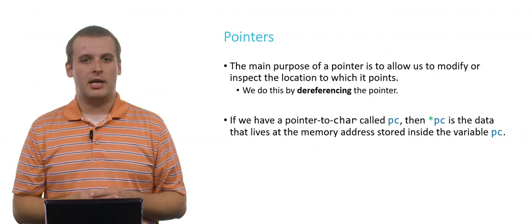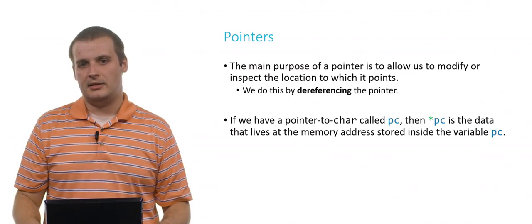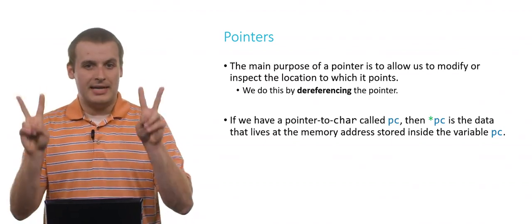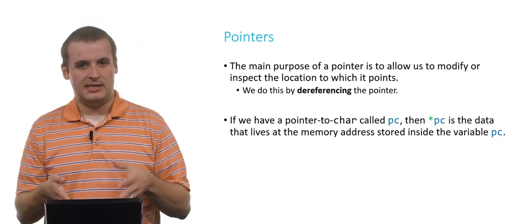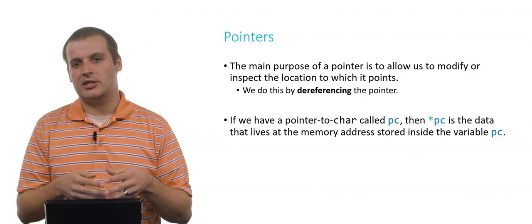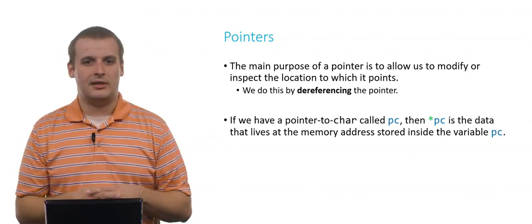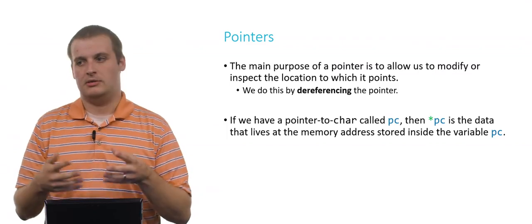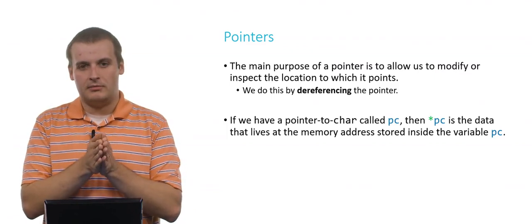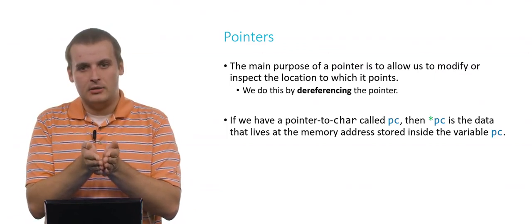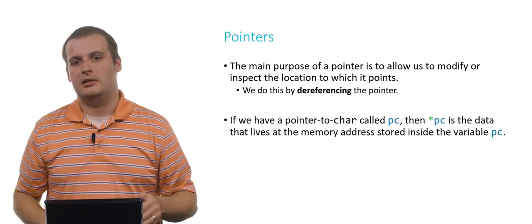So if we have a pointer called pc that points to a character, then we can say *pc. *pc is the name of what we'll find if we go to the address pc; what we'll find there is a character, and *pc is how we refer to the data at that location. So we could say something like *pc = 'D', and that means that whatever character was previously at memory address pc is now capital D.